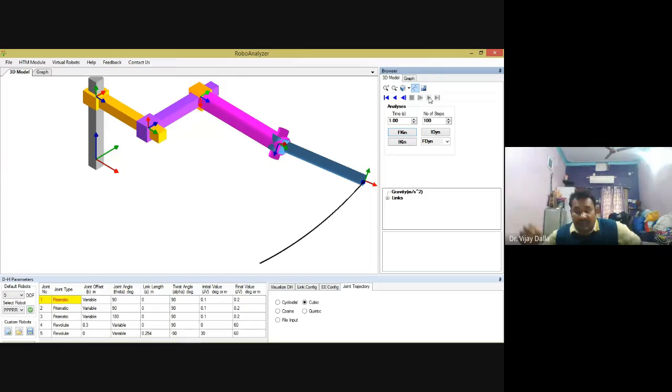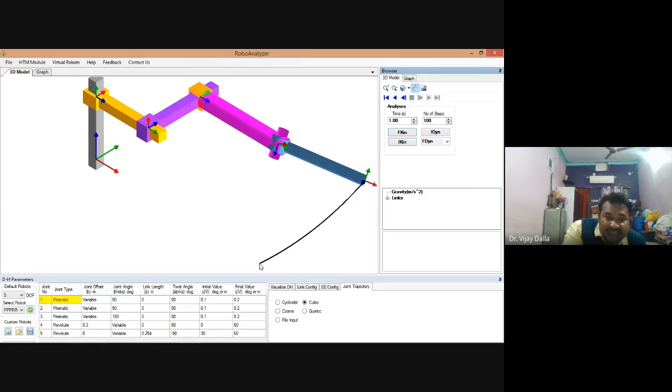Okay. And what is that trajectory? Trajectory is a time dependent equation. Sometimes we say path, but that is not correct. Path is time independent. In robotics, we bother about the time and the speed, so the exact term is trajectory.